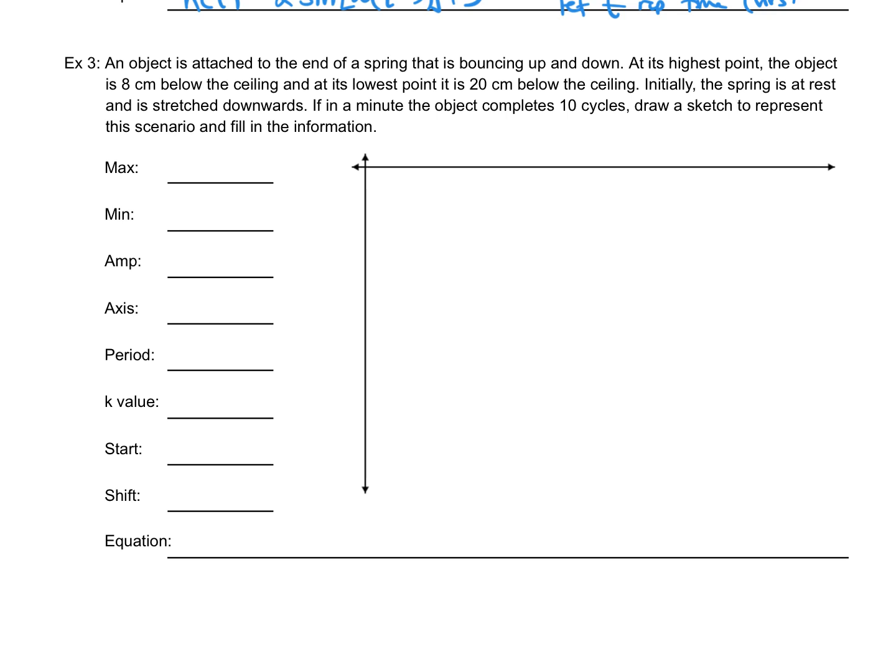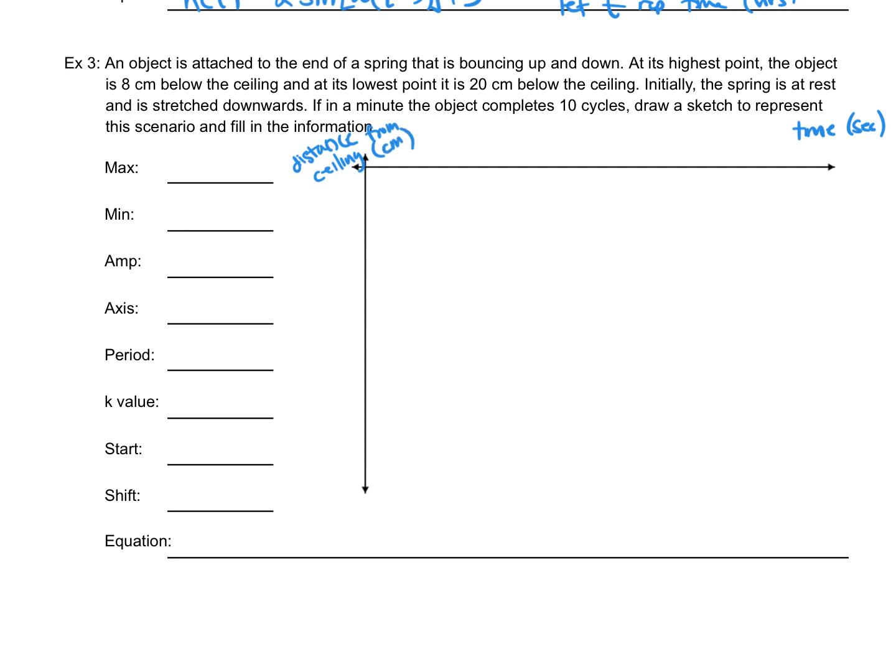All right, so in terms of our axis here, we're going to have the time, and our time here, we're told about 10 cycles in a minute, so seconds would probably be best. And then for the y-axis, let's say the distance from the ceiling in centimeters.